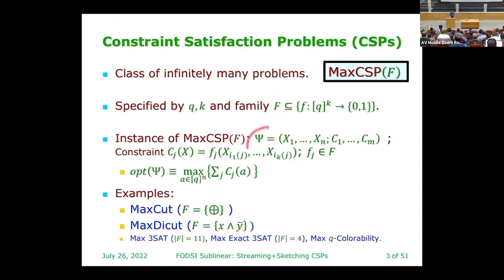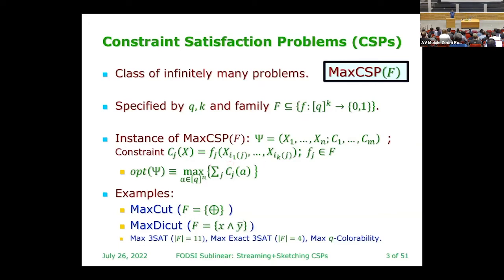And now you have some n variables, some very large number of variables, and m constraints, again a very large number of constraints. A constraint here picks one of the functions from this family that's available to you and some sequence of k distinct variables.